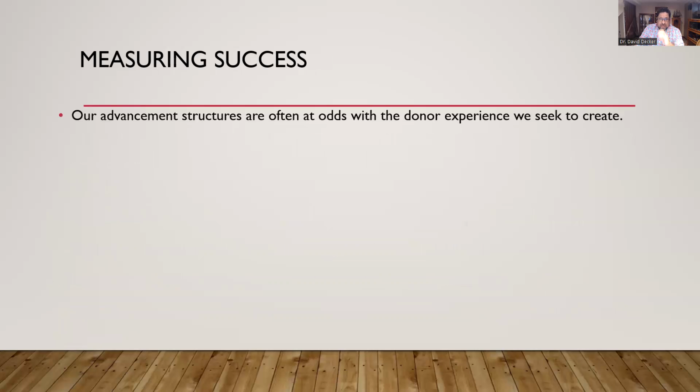So how are you going to measure success? Several ways. Advancement structures are often at odds with the donor experience that we seek to create. And that can be a challenge because you want to create success, but then the structure itself, like the example I gave earlier about exhausting people, is really fast paced in the sense that there's always a need that needs to be met, and there's only a certain amount of donors and prospects out there.